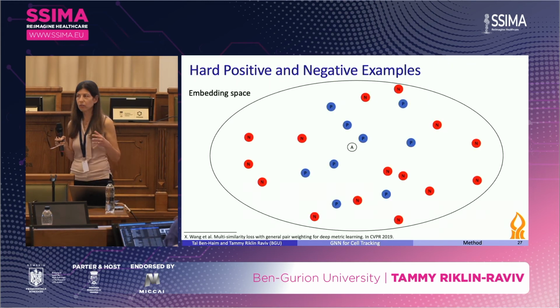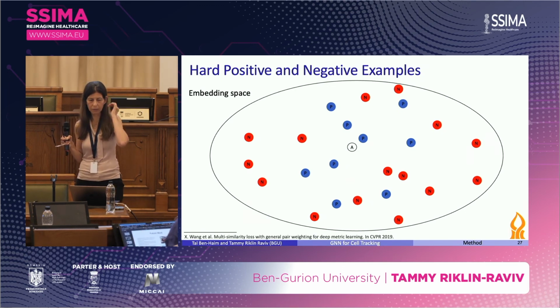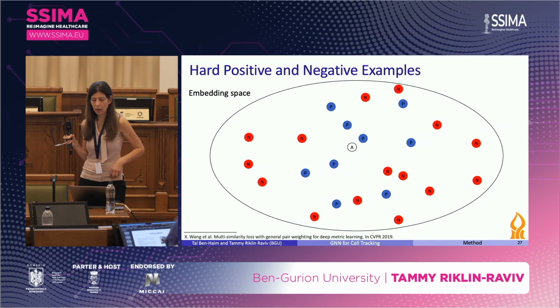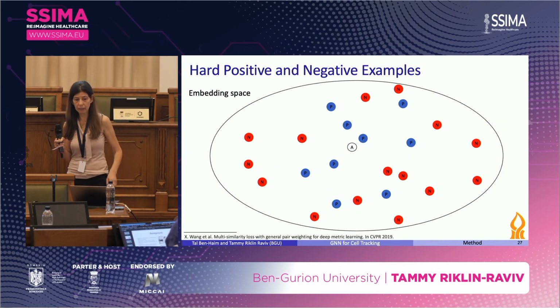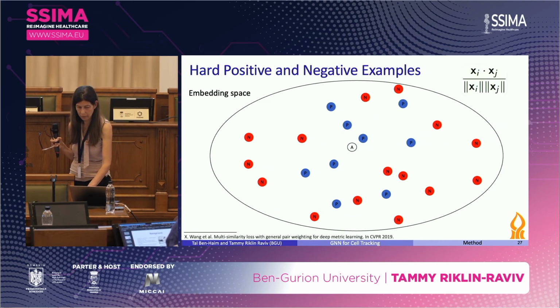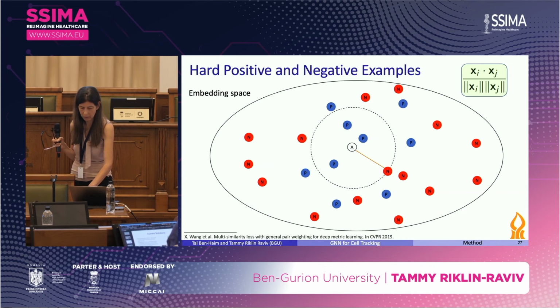I have another illustration of hard negative and hard positive. So for example, let's look at hard positive. In red are the negatives, and if a negative is closer to the anchor than a positive, then it's hard negative and vice versa.